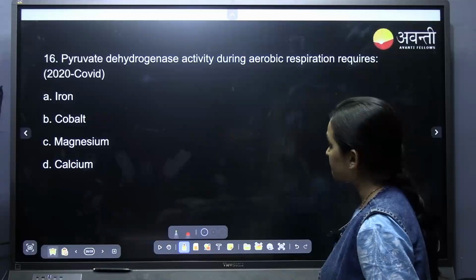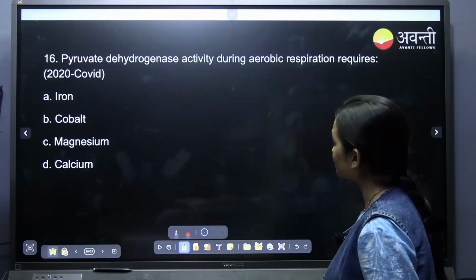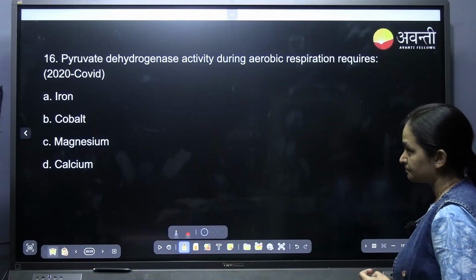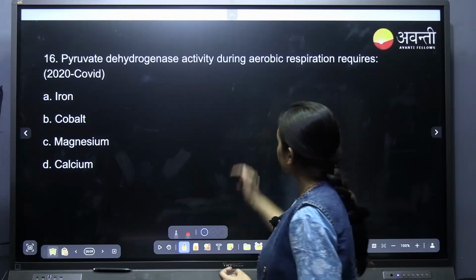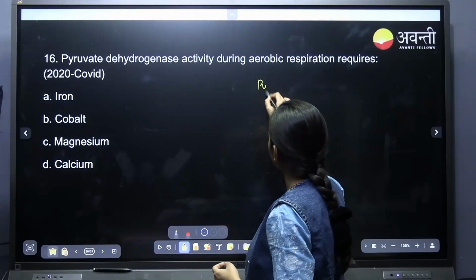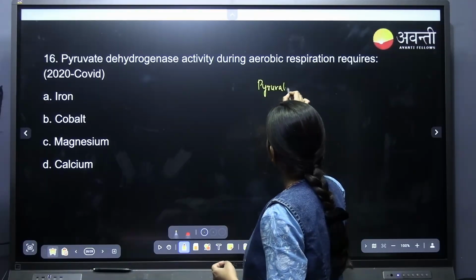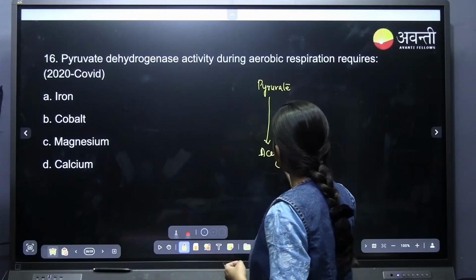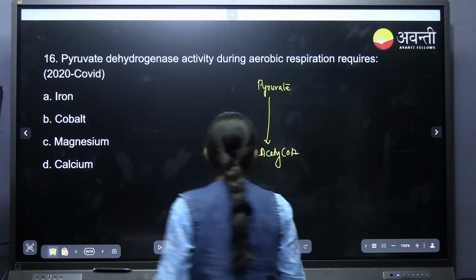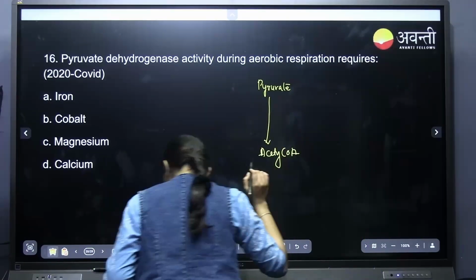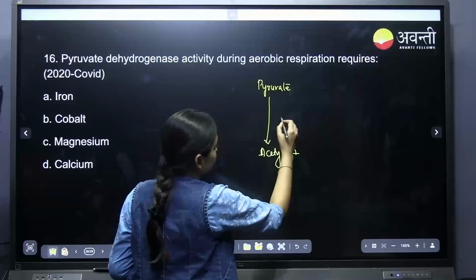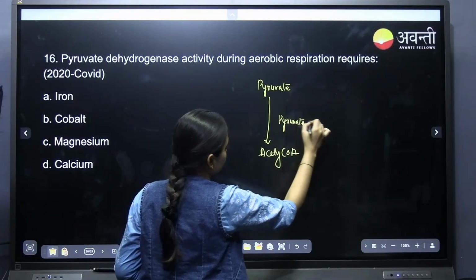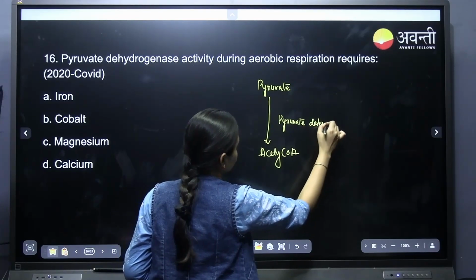Pyruvate dehydrogenase activity during aerobic respiration requires what? When I was telling you about pyruvate converting into acetyl CoA, the enzyme used here is pyruvate dehydrogenase.